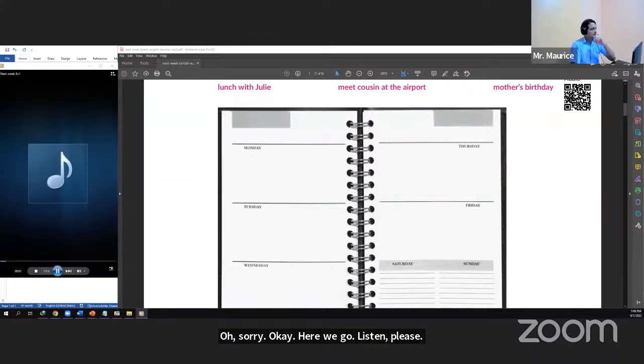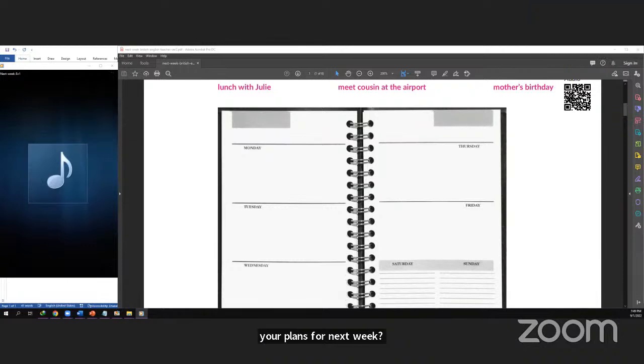So, what are your plans for next week? Well, next week I'm going to be very busy. On Monday, I'm going to have lunch with my friend Julie. Then in the evening, we're going to the cinema. And on Tuesday? On Tuesday, I'm going to meet my cousin at the airport. At the moment, she's living in France, but she's going to visit me for a few days.